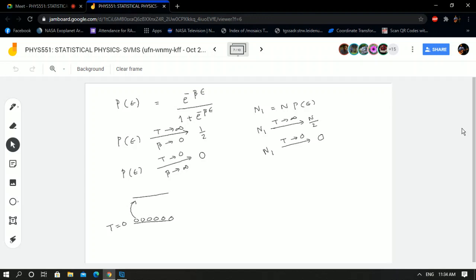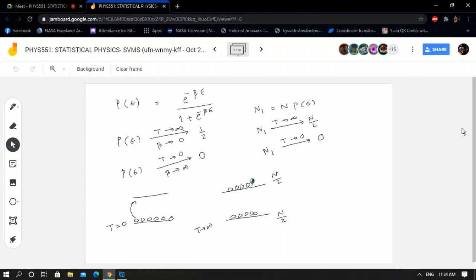Even if you increase the temperature to infinity, the scenario is that you have n by 2 particles in the ground state and n by 2 particles in the excited state.